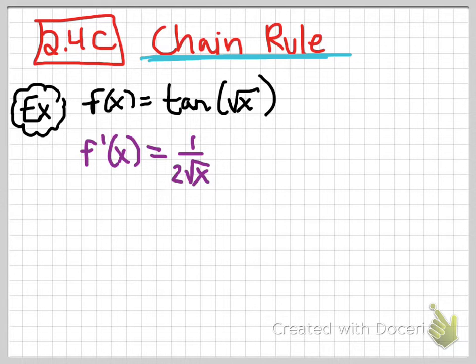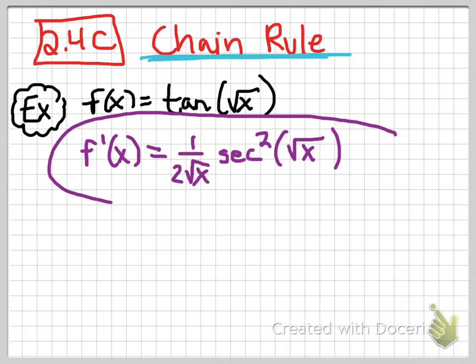Now we're going to times it by the derivative of the outside. So tangent, what's the derivative of tangent? It's secant squared. So we have secant squared, and then the rule says keeping the inside, so keeping the radical x on the inside. And this essentially is going to be our answer to the derivative of tangent of radical x. We can leave it like that, or we could clean it up a little bit, but I'm going to let it stay just like that.